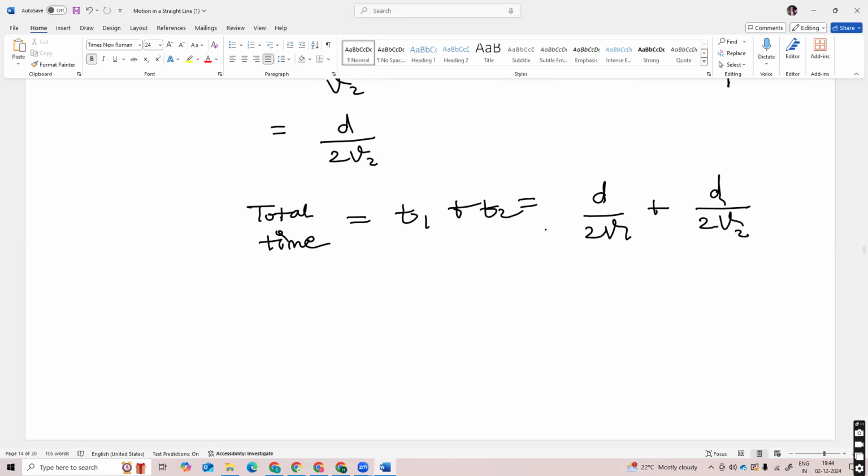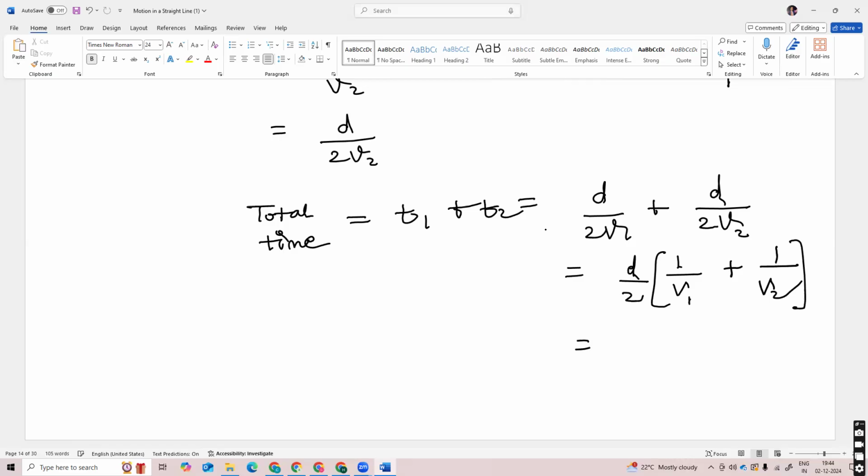We take d by 2 common, so we can write it as 1 upon v1 plus 1 upon v2.